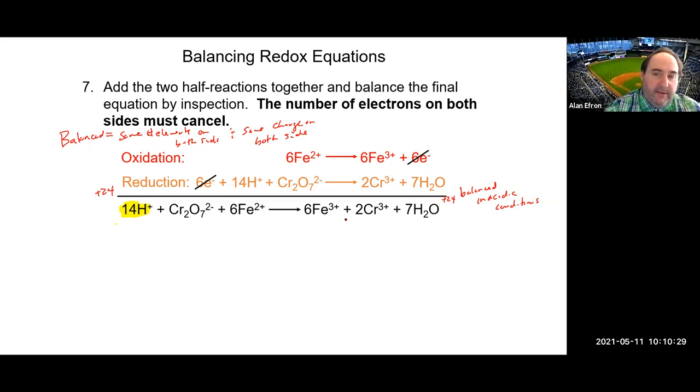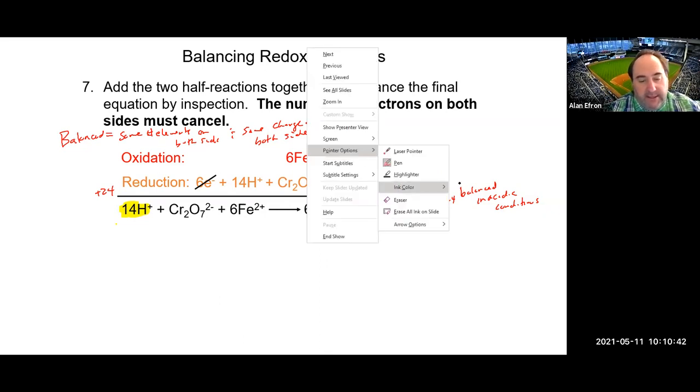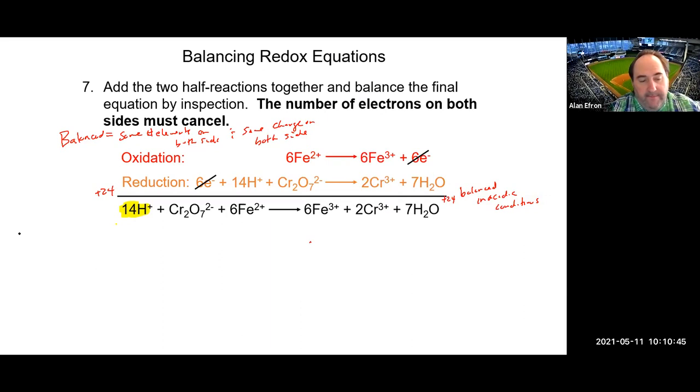Now, these are the steps that we would follow if we were going to balance this reaction in acidic conditions. What would we do if we were going to balance this reaction in basic conditions? So let's say we wanted to do basic conditions. There are a number of ways you could approach basic conditions, but I've found probably the easiest way is to just do everything like we just did in acidic conditions, and then at the end, turn it into basic conditions.